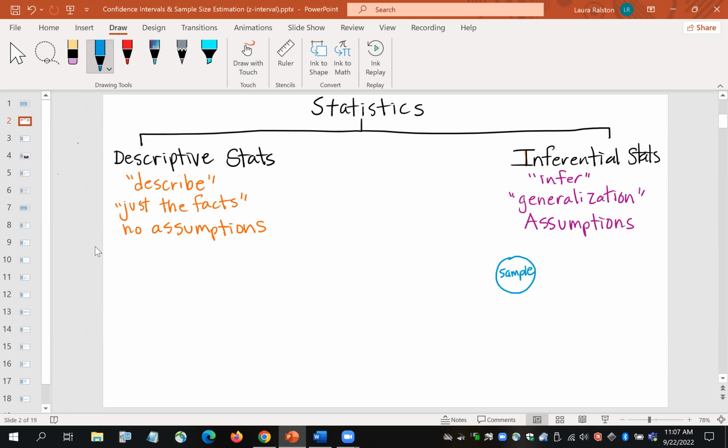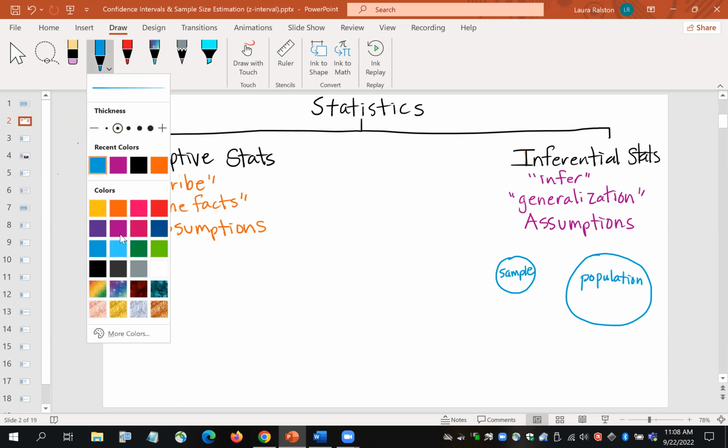We're able to determine those facts. How many were in the sample? Again, what's the minimum? What's the maximum? What's the mean? What's the mode? And then ultimately what we do is we take what we learn about that sample and we want to apply it or infer back to the population.